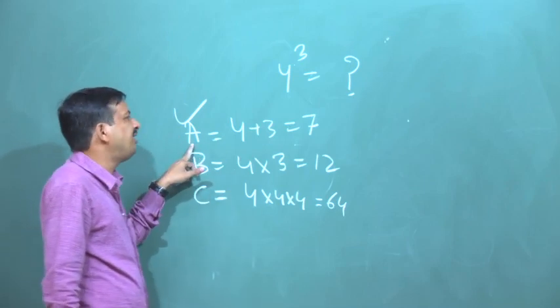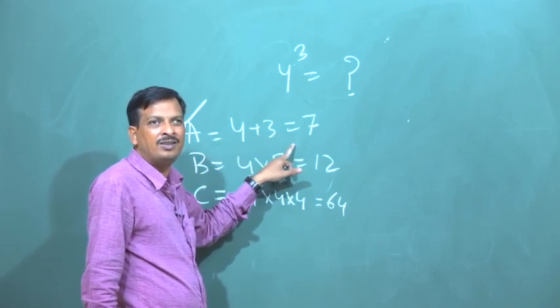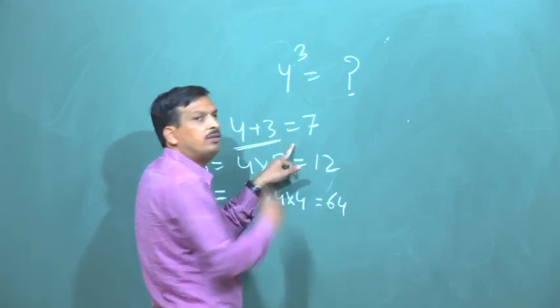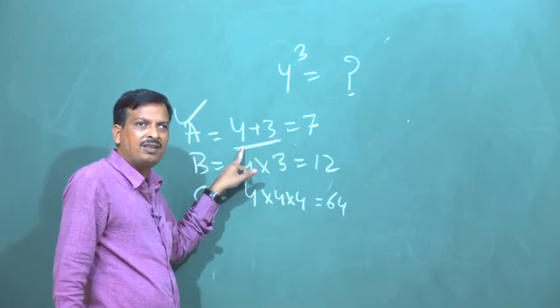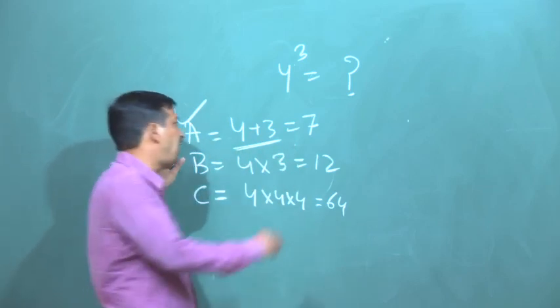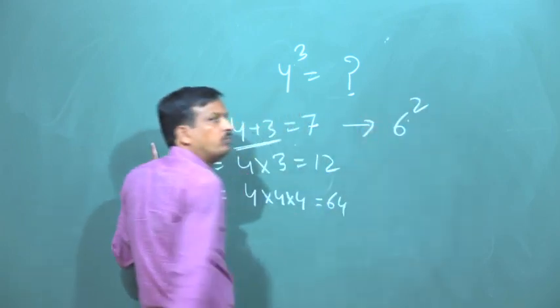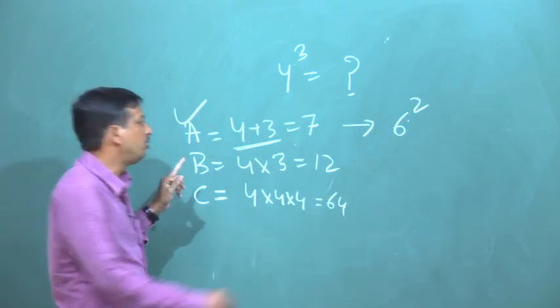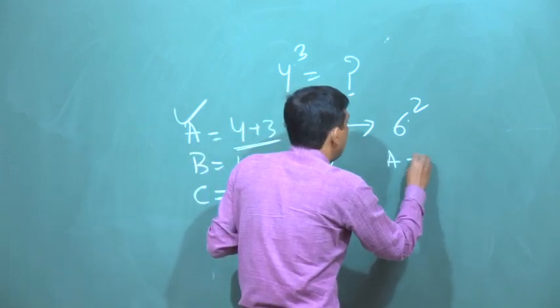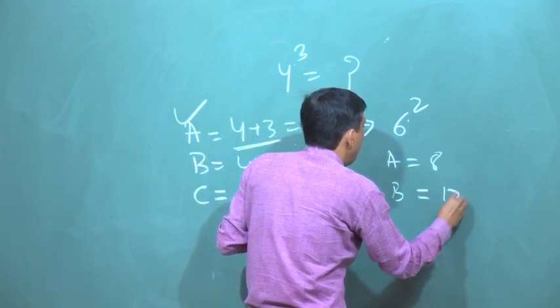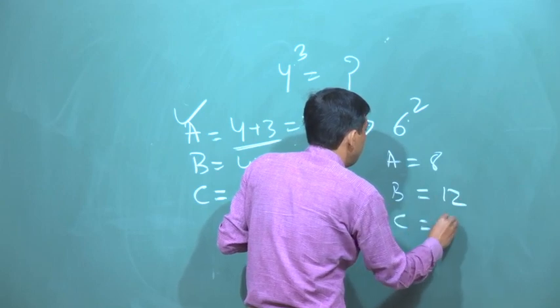So, let us say a student chose A. So, his misconception is that he is adding these two numbers. To confirm this, once a student chooses A, you may throw another question, 6 to the power 2, whose choices are 8, maybe 12, maybe 36.